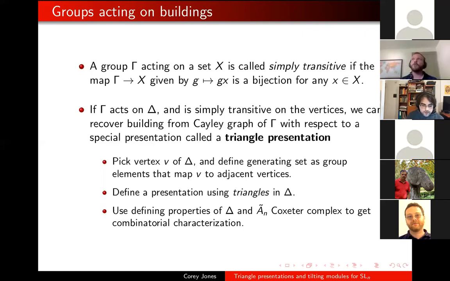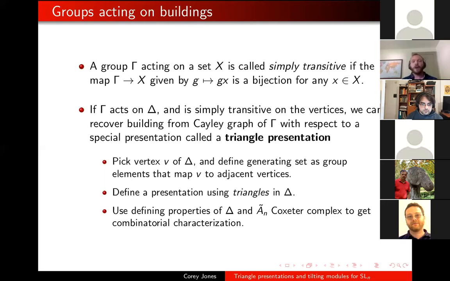And so now what you want to do is find a presentation in terms of those generators that is going to capture each of the simplices. And these things are built up out of triangles. So it suffices to write down the triangles that you can build out of these generators. And so you end up with something called a triangle presentation.